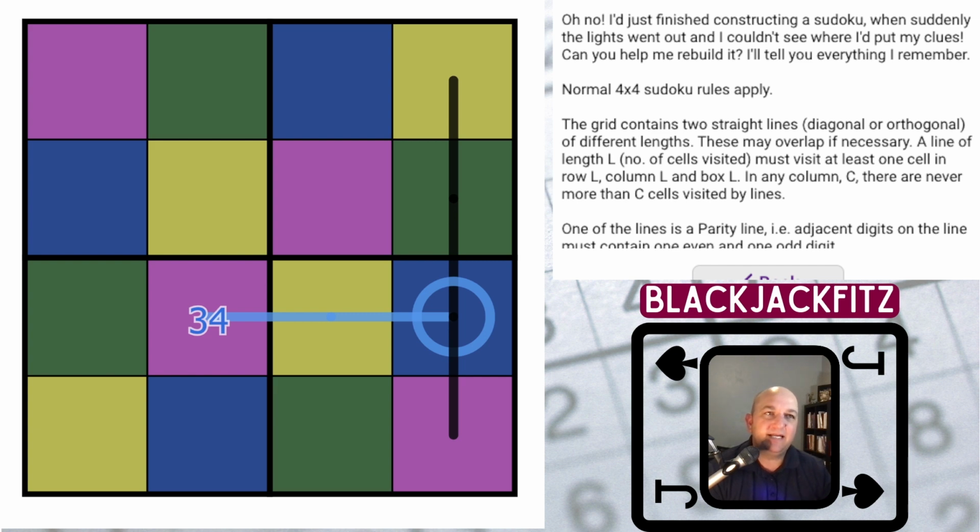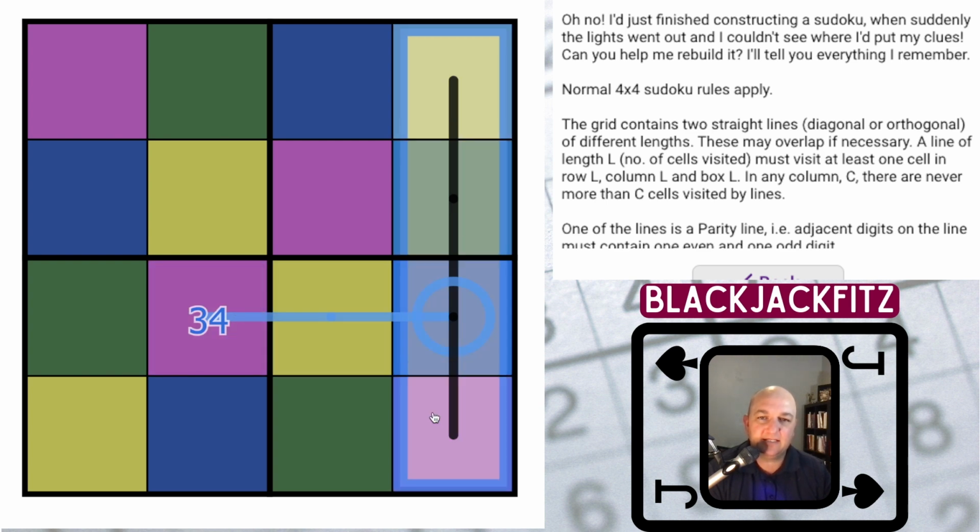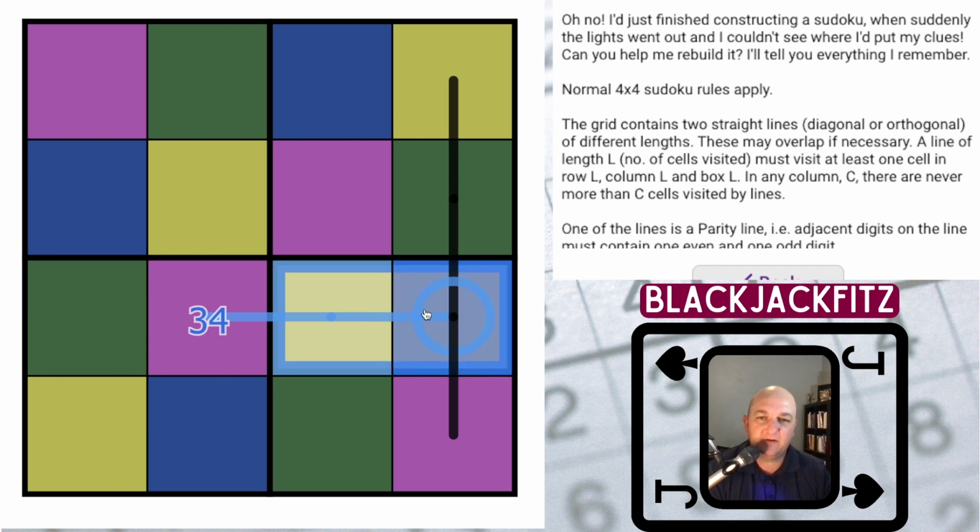In other words, we need to have like a 1, 3, and a 2, I think. Because if this doesn't solve uniquely, it will never solve uniquely. And I agree that we'd probably need a length 4 line.